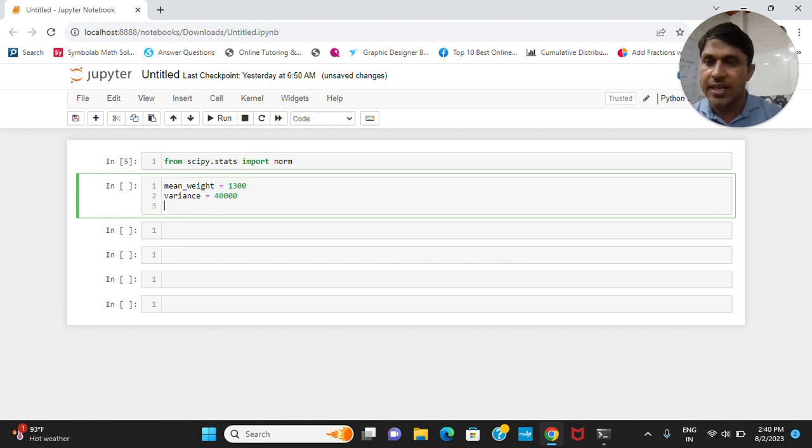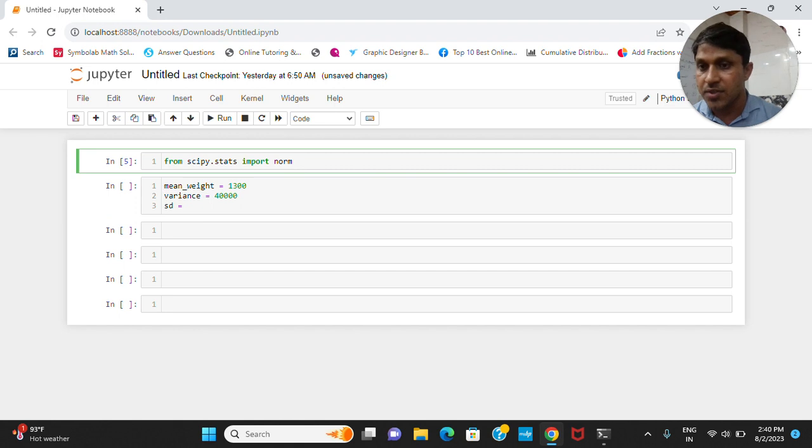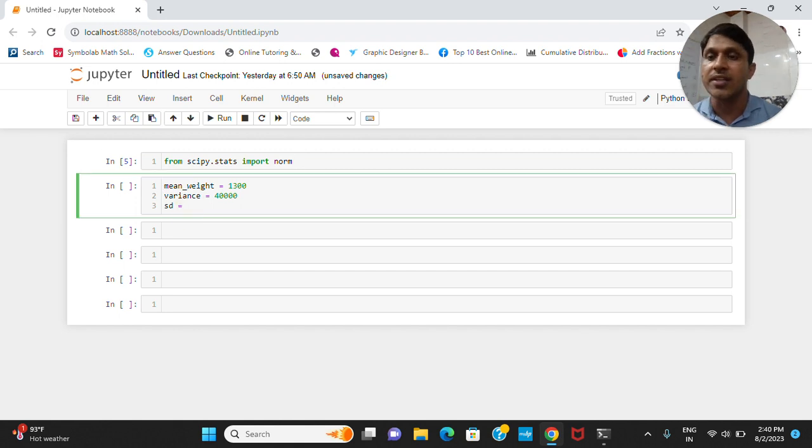So standard deviation is nothing but the square root of this one. We can calculate the square root directly too, like this: 40,000 to the power of 0.5. If the exponent is 0.5, then I am getting the square root of 40,000.